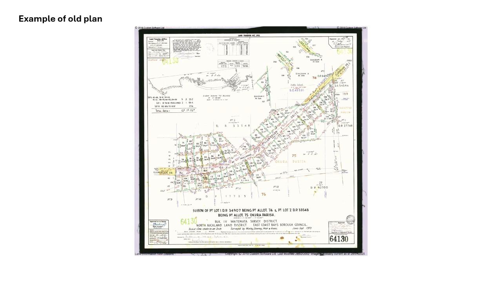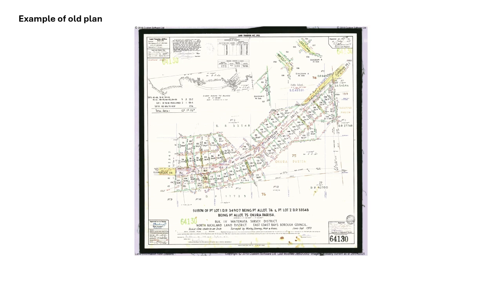Here you can see that the old survey plan is from the year 1970. So obviously anything prior to 1973 was using the old imperial measurement system, so the metric system had not been introduced yet.